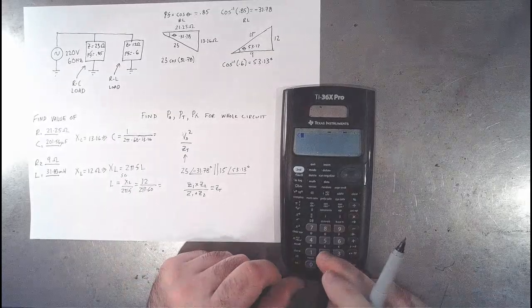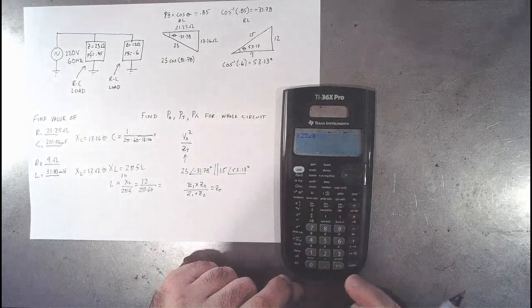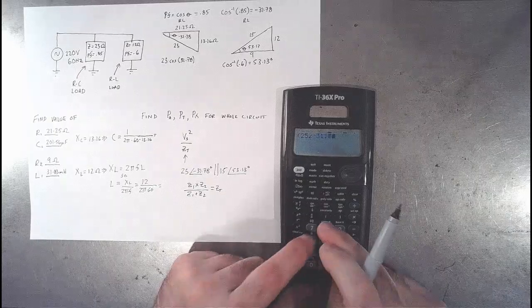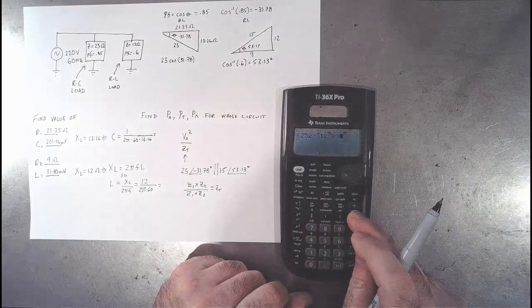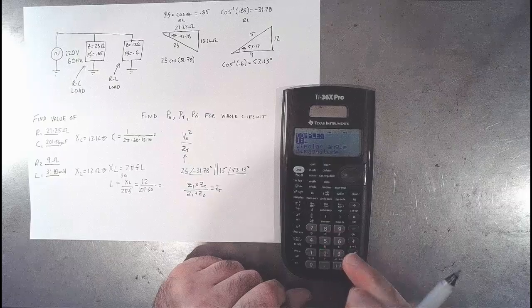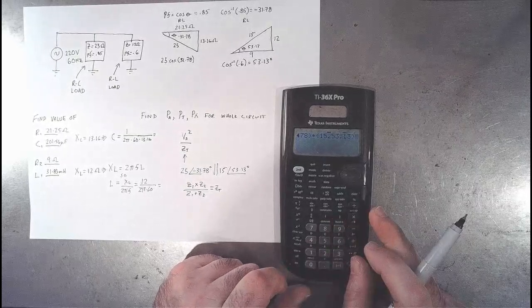So we've got 25 at an angle of minus 31.78 degrees times 15 at an angle of 53.13 degrees.